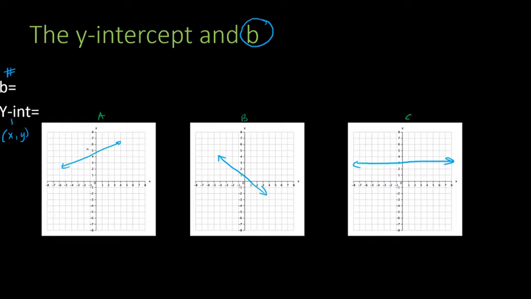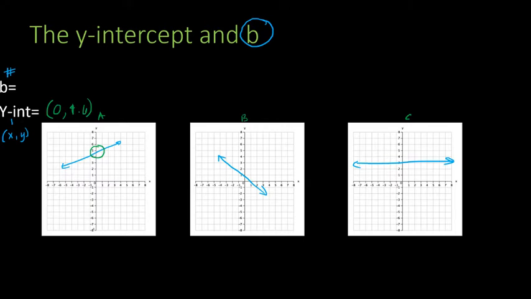If I look at graph A and I want to know the y-intercept, I'm going to ask myself, where is this graph crossing the y-axis? And I can see it's happening in here. It looks to me like it's at about 4.6. So the y-intercept then is (0, 4.6). 4.6 is the y value, 0 is the x value.